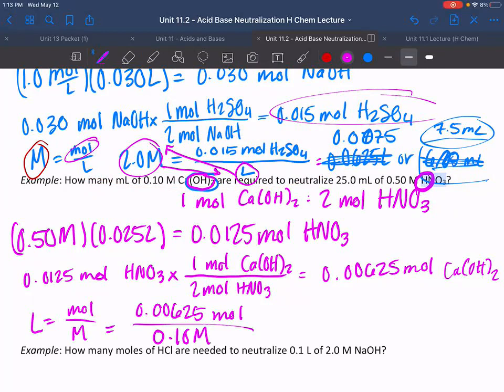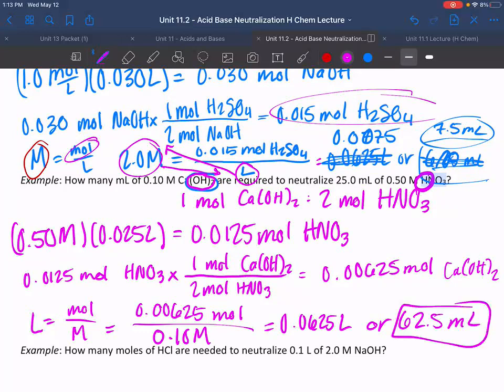This is in reference to calcium hydroxide. That gives us 0.0625 liters or 62.5 mL. Any questions about this one here?